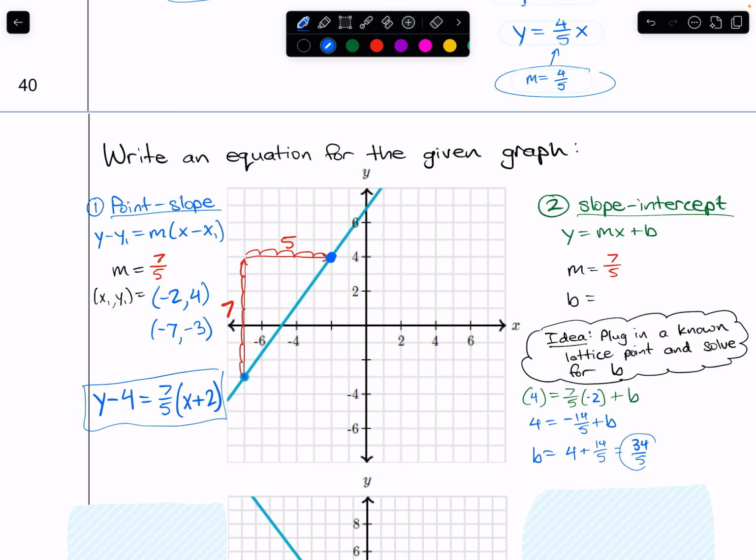So now that we know our b value, we can say that in slope-intercept form, the line would be y equals 7/5 x plus 34/5. So again, notice that 34/5, that's not a nice integer value, but it's that number that's somewhere between 6 and 7 that we saw on our graph. That'd be our y-intercept.